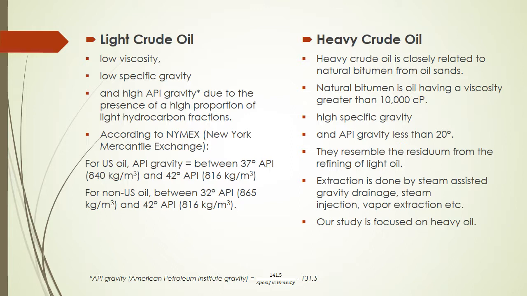Since it is so viscous, it cannot flow by natural pressure difference, so we use special extraction techniques such as steam assisted gravity drainage, steam injection, vapor extraction, etc. Our study will be focused on heavy crude oil.